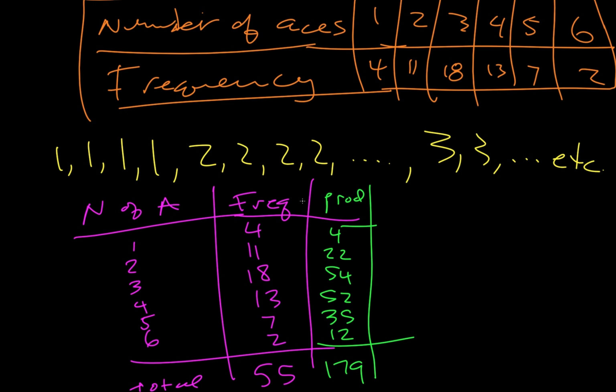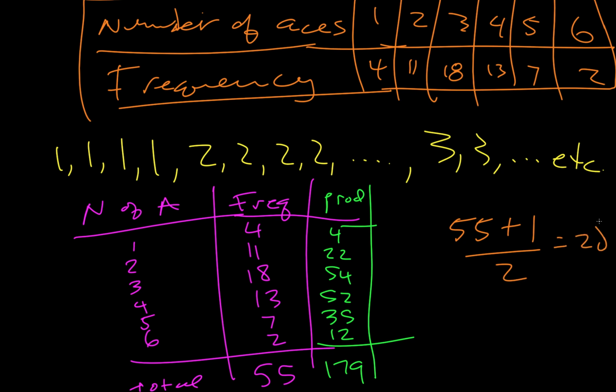So the way we're going to do the median, we're just going to look at the frequency and figure out where the middle is. So if there's 55 points, what we're going to do is we're just going to take 55, add 1 to it and then divide it by 2.